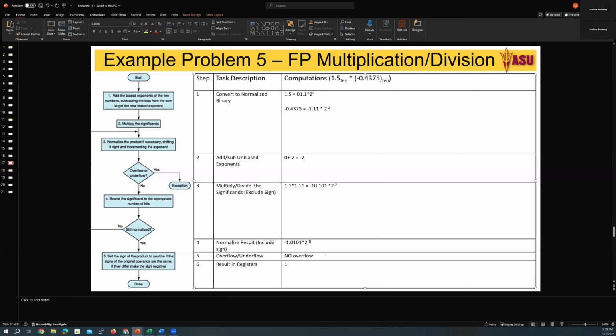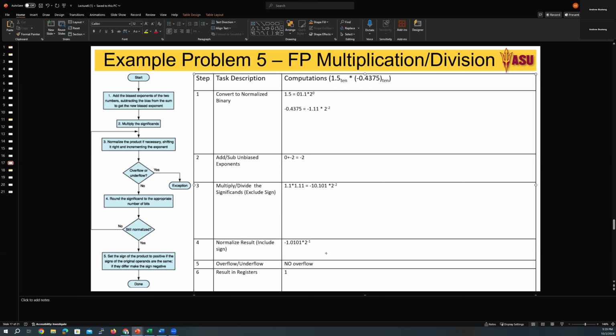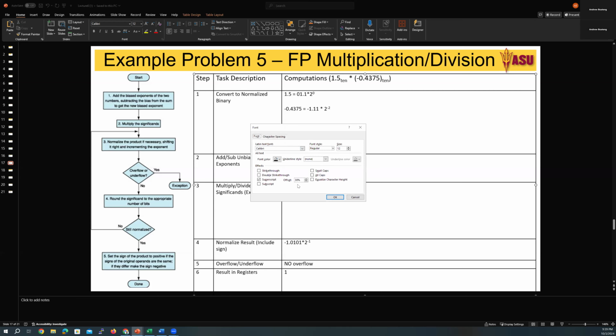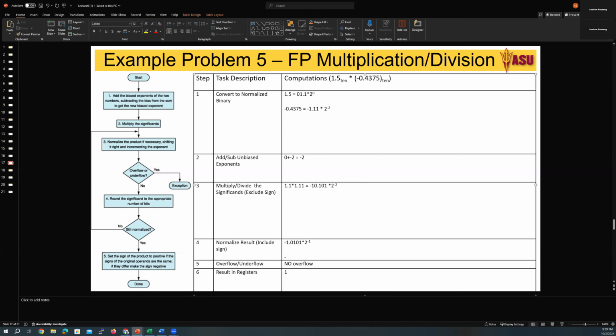Let me write it here. So after you put your sign here, you're going to put the binary of positive 126, which is the answer that we get from this addition.